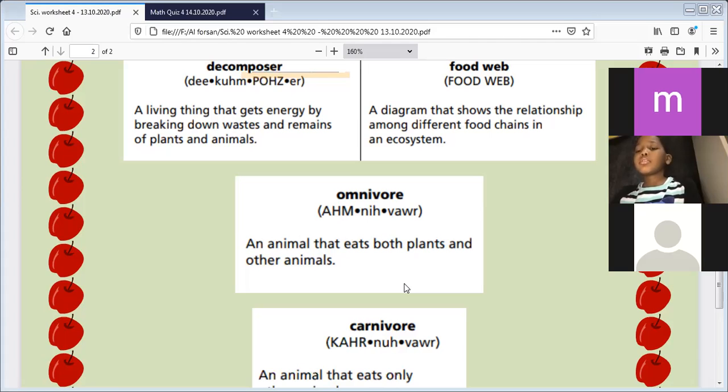Give me an example for that. Like we humans. We eat both plants and other animals. Perfect. Give me an example for animals that are omnivores.